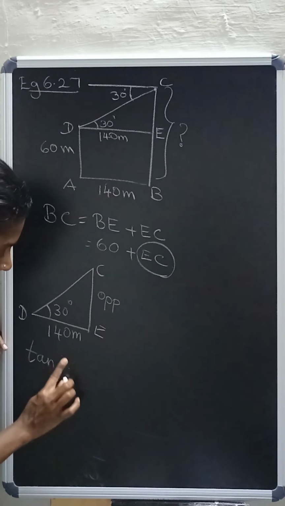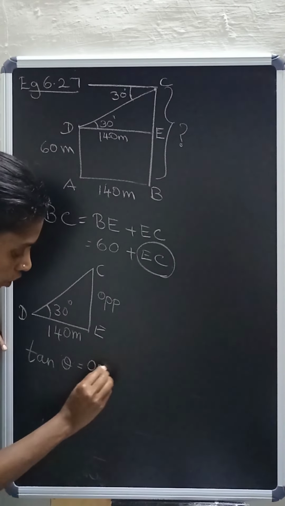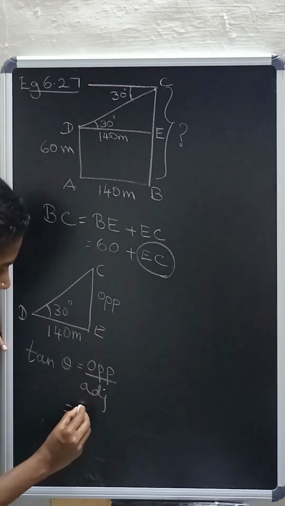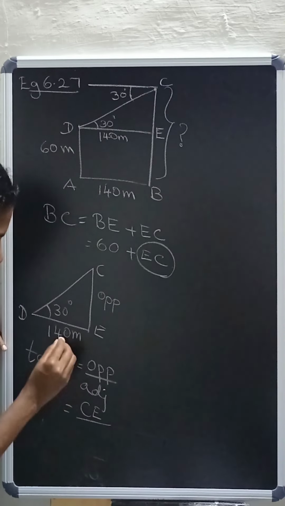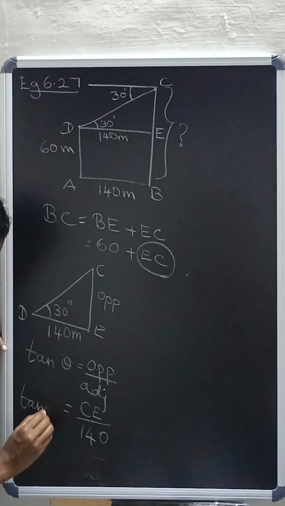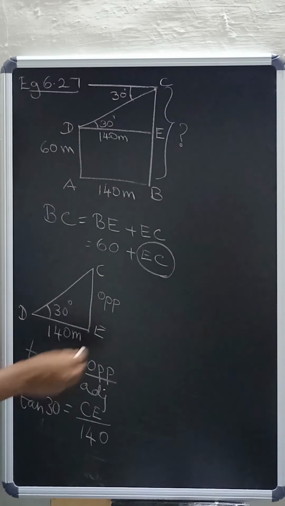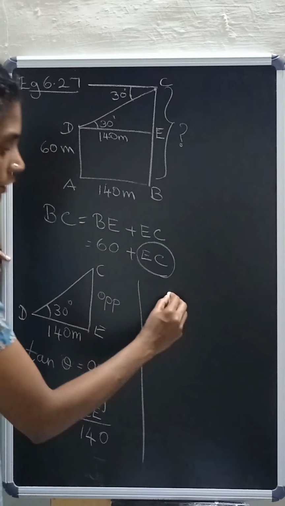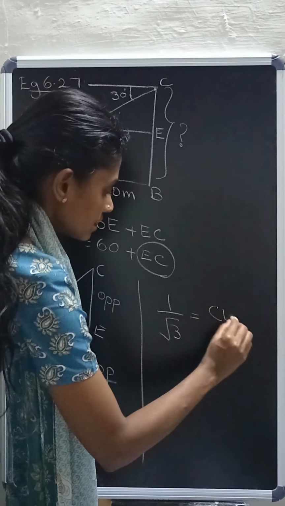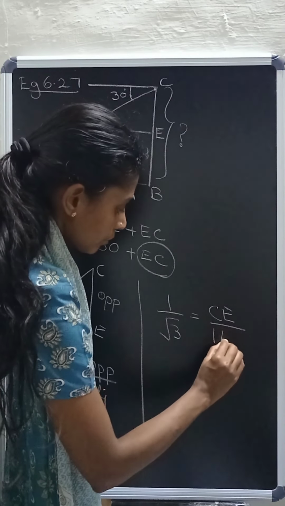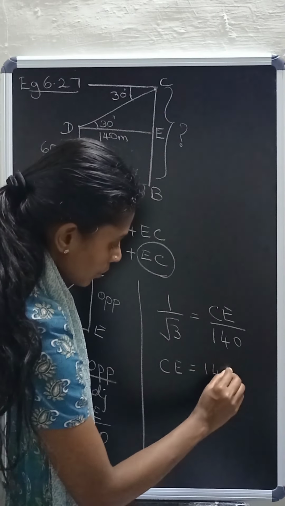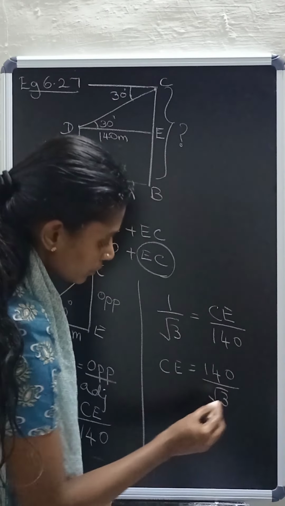Tan theta is equal to opposite by adjacent, which is CE by 140. So tan 30. What is the tan 30 value? 1 by root 3. 1 by root 3 is equal to CE by 140. So CE is equal to 140 divided by root 3.